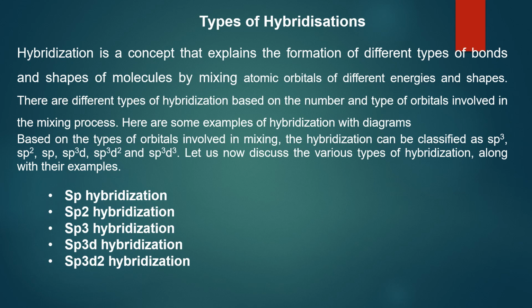Based on the types of orbitals involved in the mixing, hybridization can be classified as sp, sp2, sp3, sp3d, sp3d2 and sp3d3. Don't bother about sp3d3. We have to learn the remaining hybridizations like sp, sp2, sp3, sp3d, sp3d2. Let us now discuss the various types of hybridization along with their examples.